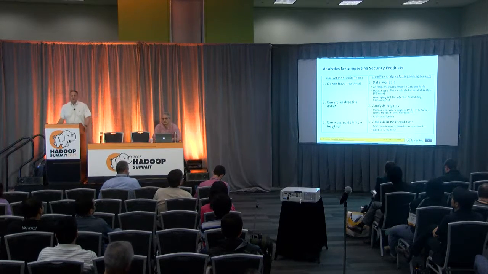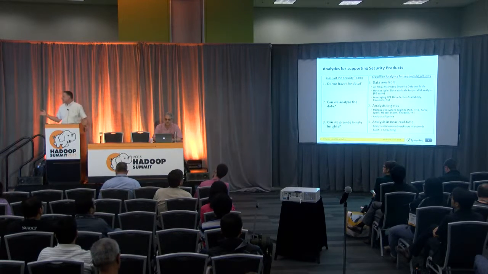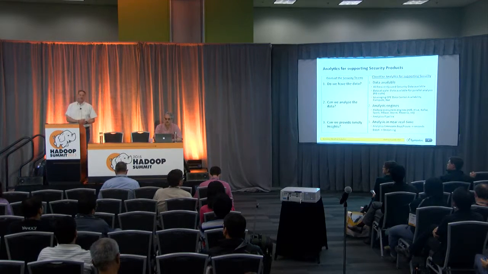Can we do the analysis of the data? One of the most important things is to bring the open source analytic engines to bear, whether that's the traditional Hadoop MapReduce, the very popular Hive SQL, or some of the newer technologies around Storm and Spark. In particular, Storm and Kafka are used together to provide a high performance streaming engine that forms the basis of what we call the analytics pipeline.